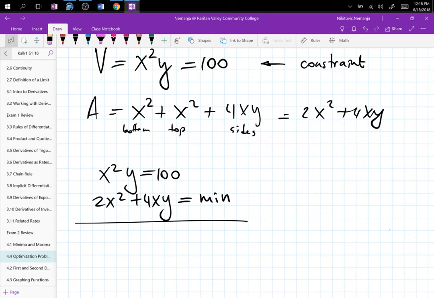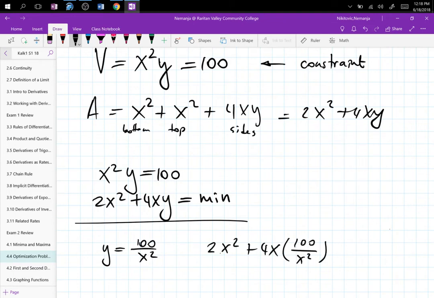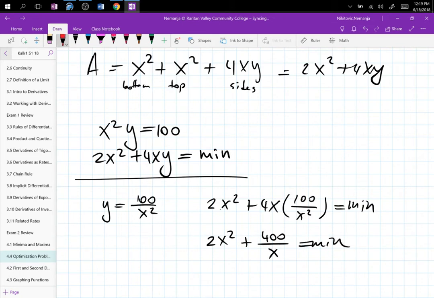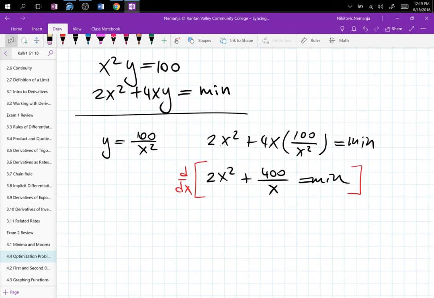I'll write a few steps in so you can, if you're stuck. So take the derivative.